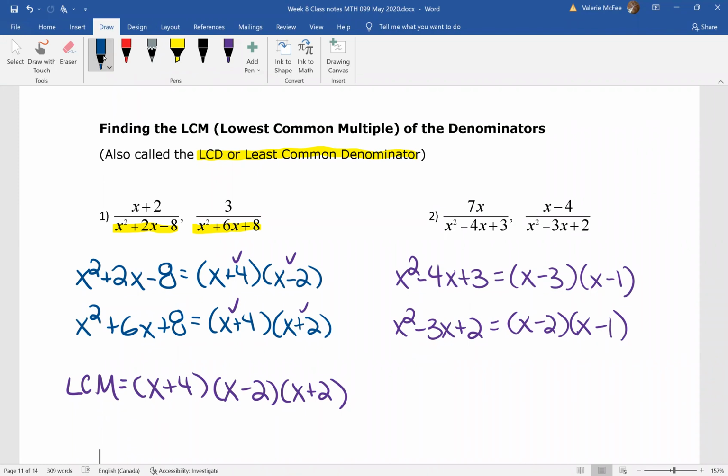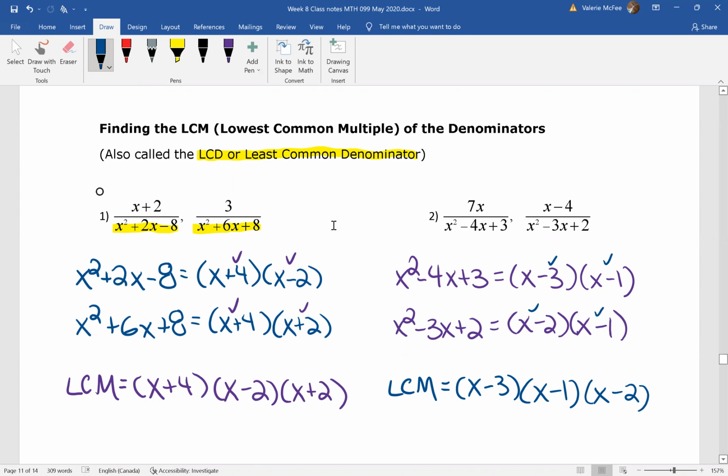All right, your lowest common multiple. You looked at the first expression and you see two factors are required, x minus 3 and x minus 1. We don't have x minus 2 yet, but we already have the factor of x minus 1. We don't need it again.